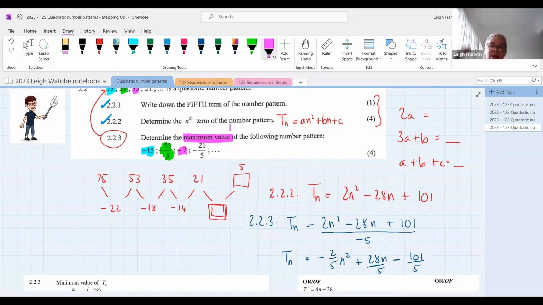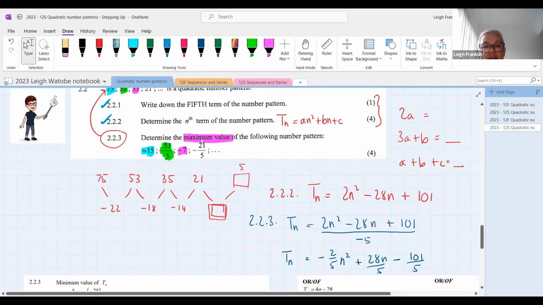Do you see how this ties together with what we've seen before? If the number in front of the n squared, just like the number in front of the x squared, is negative, the pattern has a maximum. Is this making sense now? Now they're asking us, what is this maximum value?